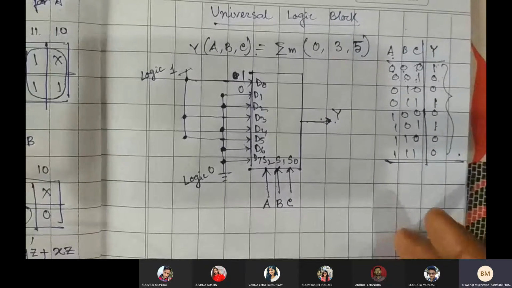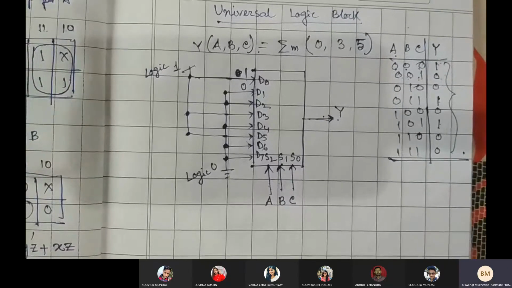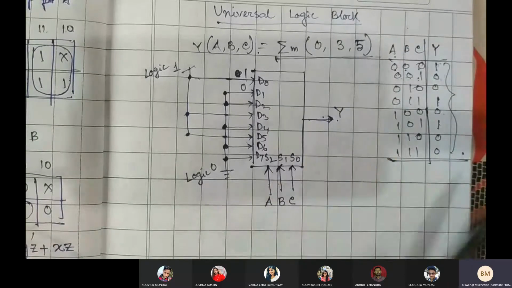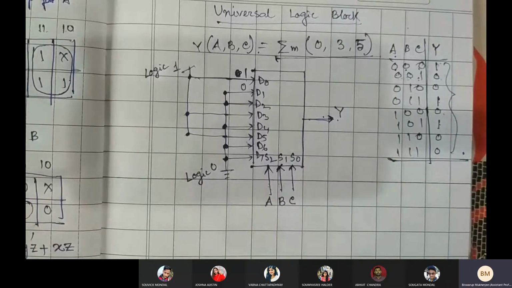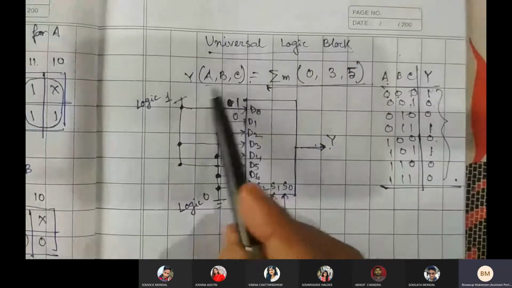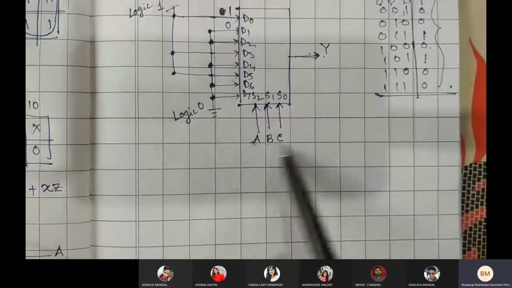Okay, so this is one of the processes by which you can implement any sort of Boolean function using this logic. Am I clear on this? Yes, sir. What you have to do is just connect that particular ABC combination, as it is, with the select line.